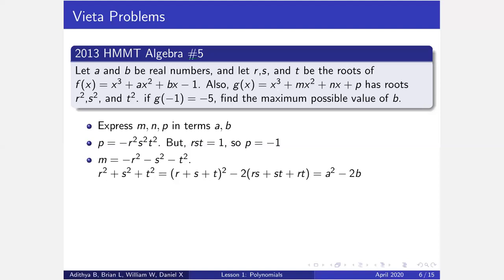And if you factor them, you get that the nasty terms are equal to 2RST times R plus S plus T. But this is good because we know that RST is equal to 1, and we know that R plus S plus T is going to be equal to negative A. So what we get out of this is actually that N is going to be equal to B squared plus 2A.